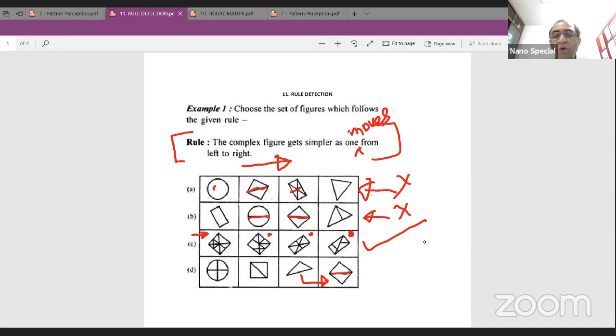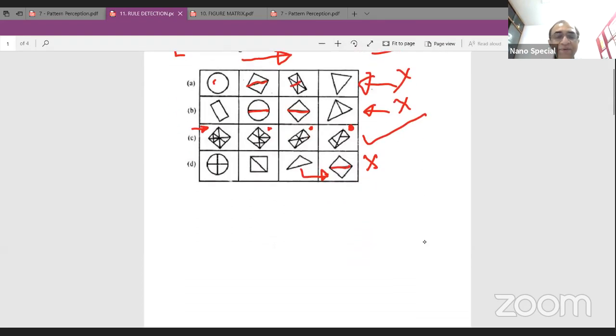So more lines are included, and therefore it is not becoming simple. The pattern is uneven in this case also. For this reason, this is also not right. Answer is C. So here, what kind of questions are we talking about? There is a rule. You've got to check among the options given which one follows the rule. That is what we have discussed in the first one.